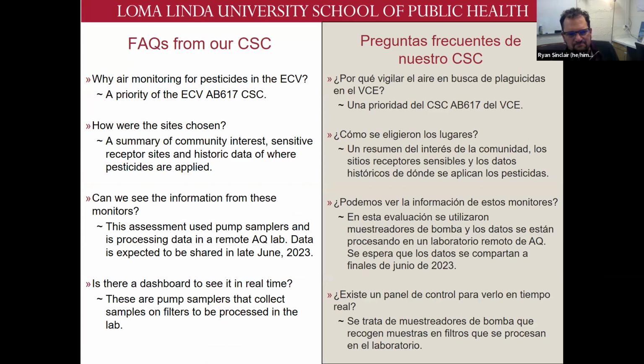It was a priority of the AB 617, but to be frank, pesticide air monitoring is pretty complicated because it involves lots of different media, and therefore lots of different agencies. Pesticides, as they're applied, are for the DPR to work with and monitor, and then the air boards and the air districts also have to be there. So we really wanted the pesticides to be monitored out there as one of our main priorities.